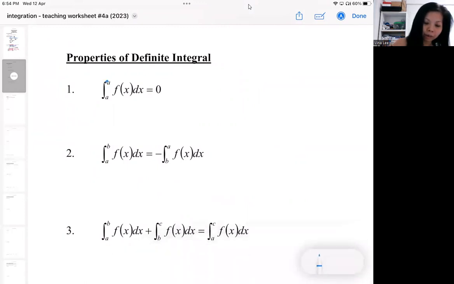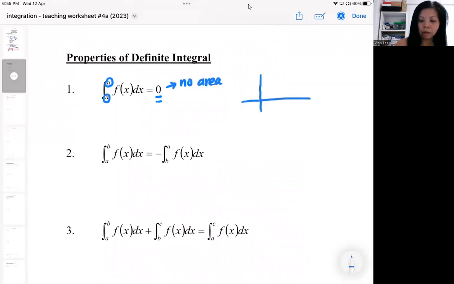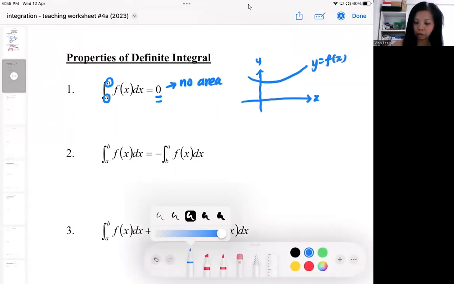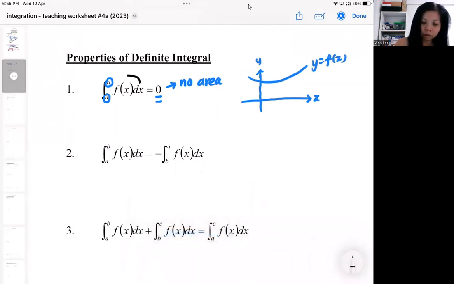So if the two numbers are the same, it actually ends up as a 0 because you got no area. Because when you got area under graph, if the x are both the same, this is x equal to a, this is also x equal to a.